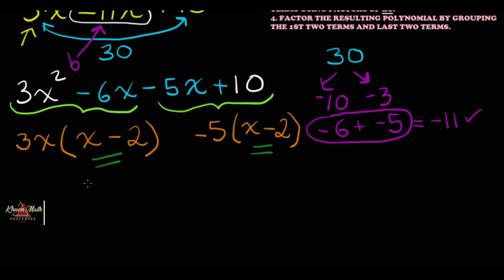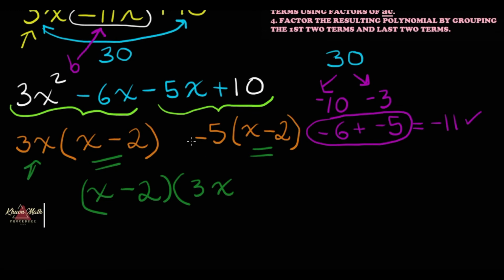That is the common factor that we're going to pull out. So we pull out x minus 2, and then you're left with 3x, because you get the 3x right here, and then minus 5, because you get the minus 5 right there.